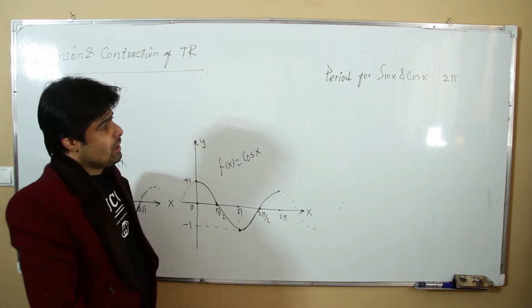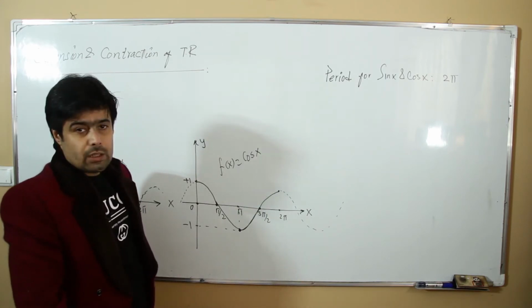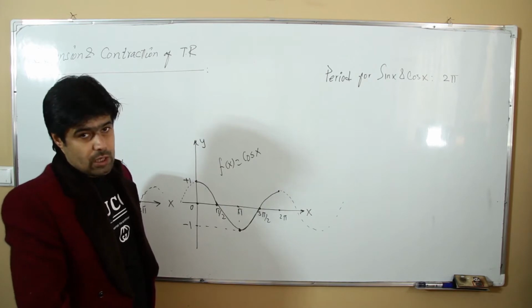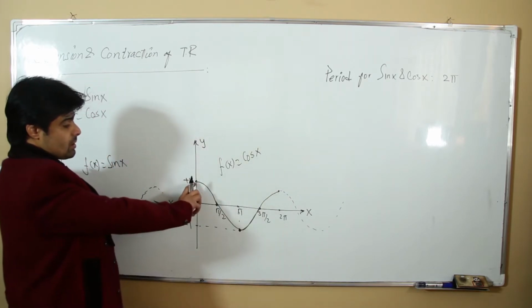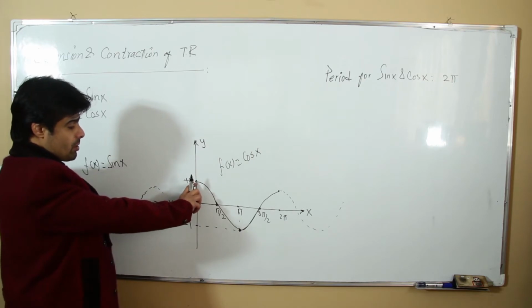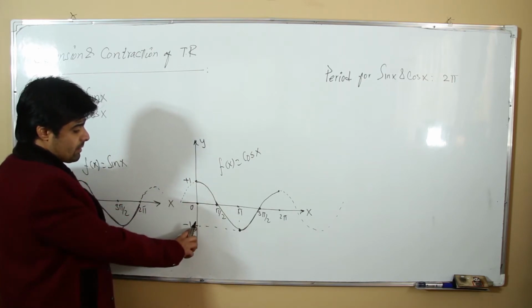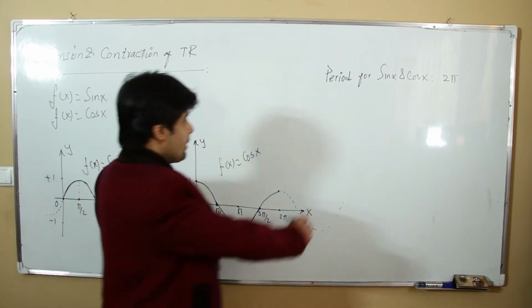So we can say the period for sine and cosine is 2 pi for sin x and cos x. Also, if you want to find the amplitude, this is called amplitude, from positive 1 up to negative 1, or from negative 1 up to positive 1.